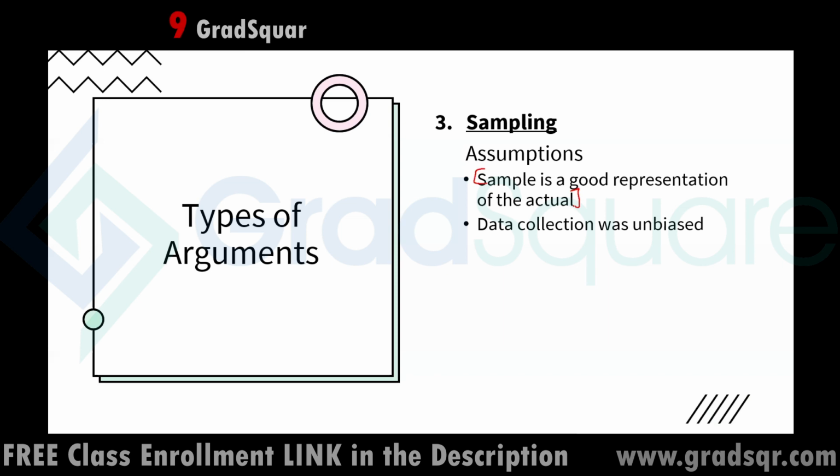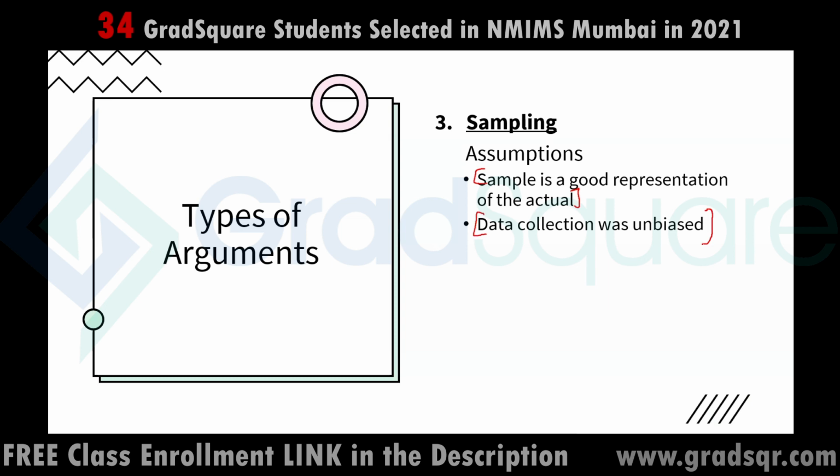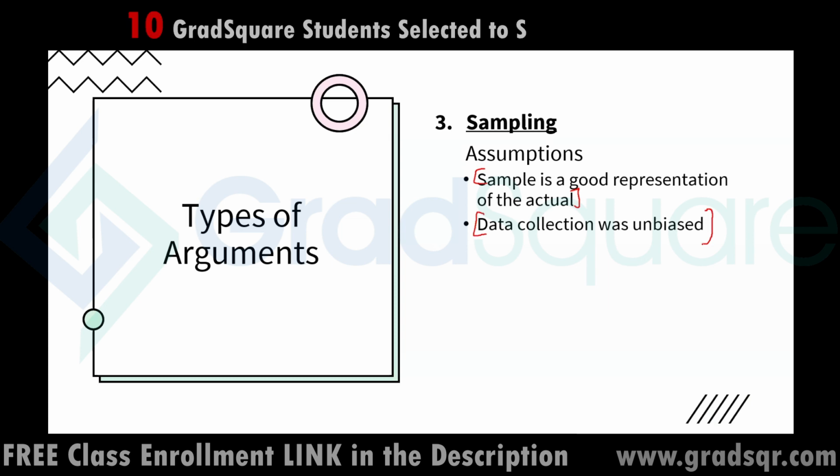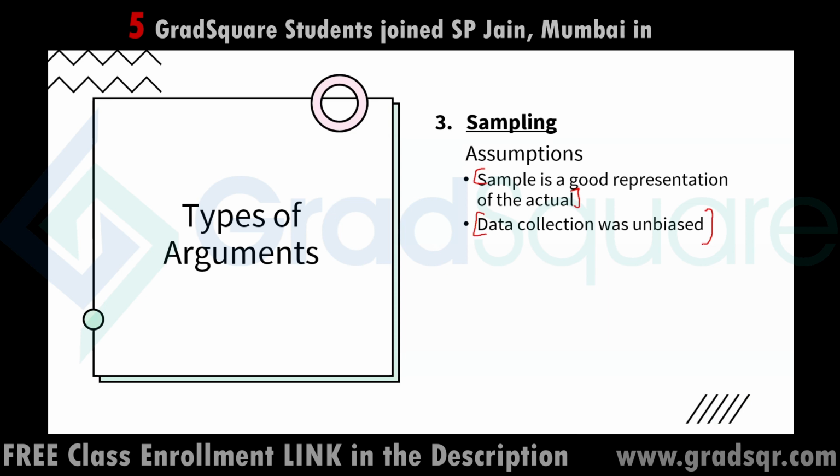But if there is a sampling kind of argument, the assumption is that the sample is a good representation of the actual situation. And second, of course, is that data collection was unbiased, right? For example, if I'm trying to find out what is the issue with a particular product, and I conduct the survey for only the people who are employees of the company which is manufacturing that product, then whatever data I'm getting will be very biased towards the product.